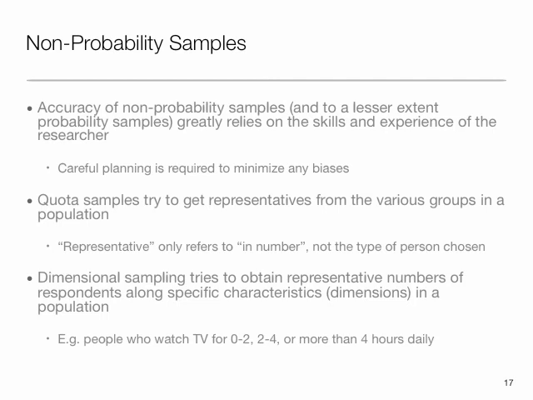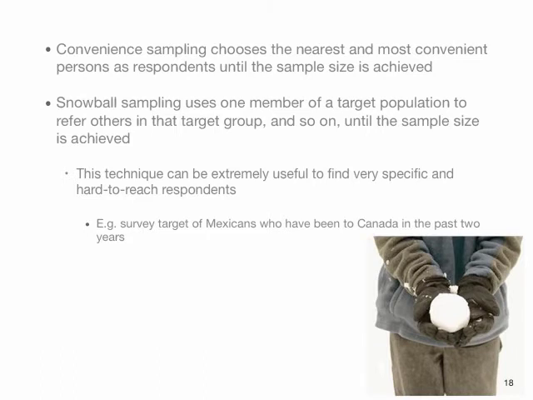So you want to talk to 50 people in each of the groups that have watched between 0 and 2, and 2 and 4, and more than 4 hours of TV daily. So you make sure you've got 50 in each one of those groups in order to compare them and do your research on each one of those groups.